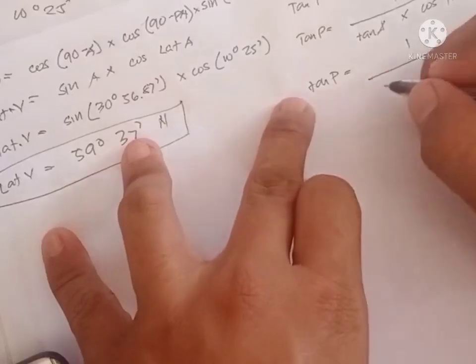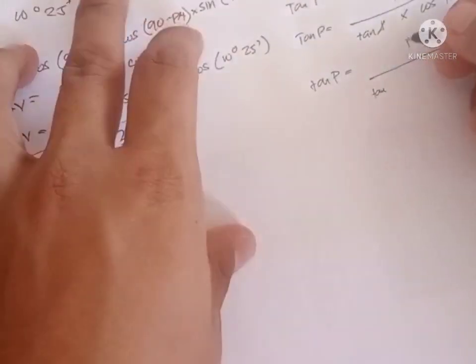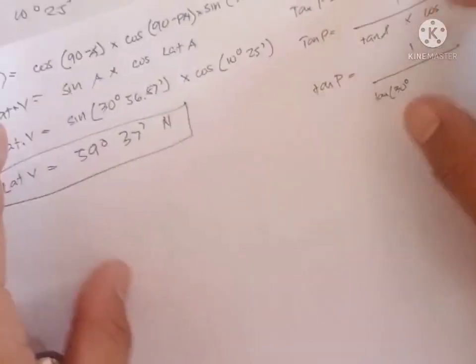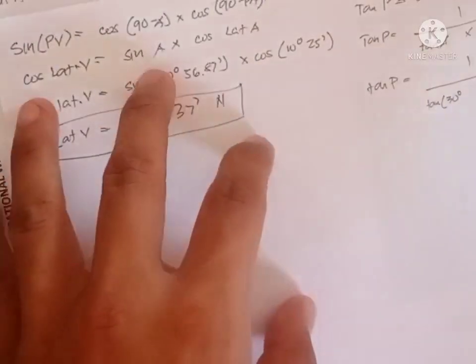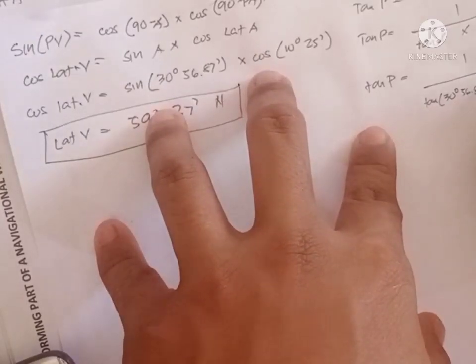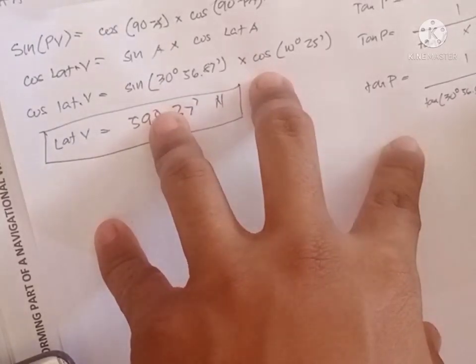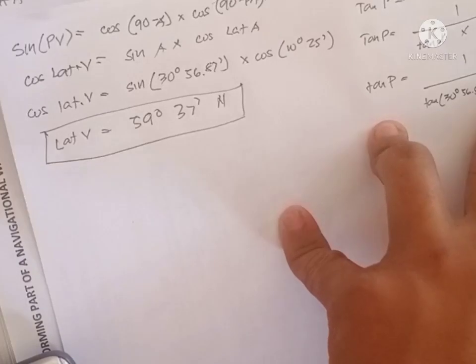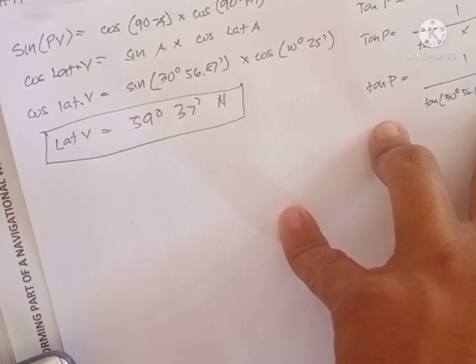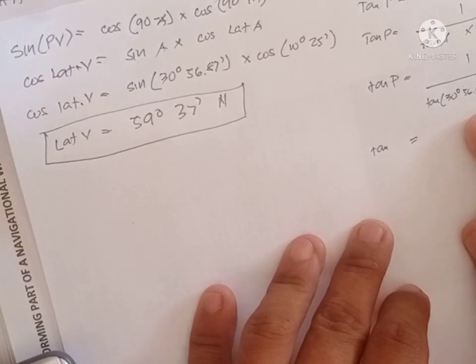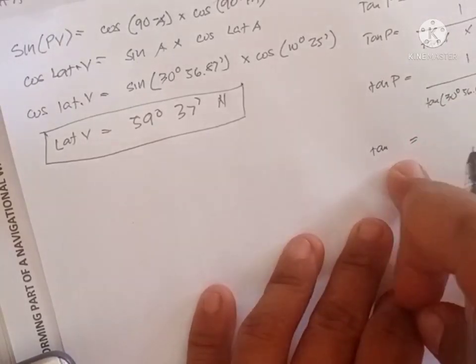So tan P, substitute the values. So our tan RA is 30 degrees 56.87 minutes times cos PA, where PA is 79 degrees 35 minutes. So get our calculator again in order to get RP.